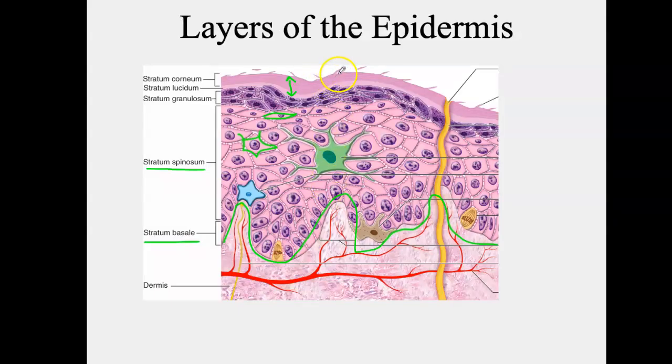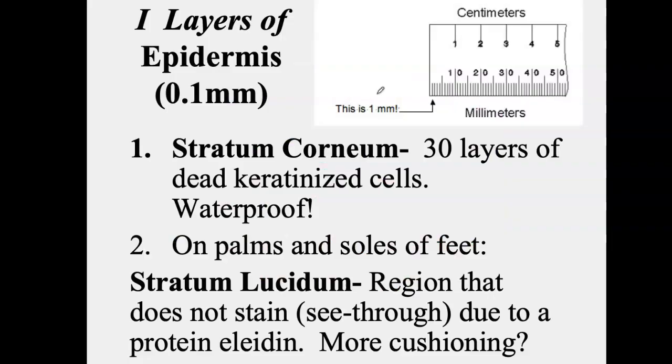Corneum up here, right? Just in there are the dead keratinized cells. Makes you waterproof. And I put this ruler here to show you that 0.1 millimeter. This is 1 millimeter here, and it's 0.1 millimeter. And this is about an inch to there. So it's very tiny.